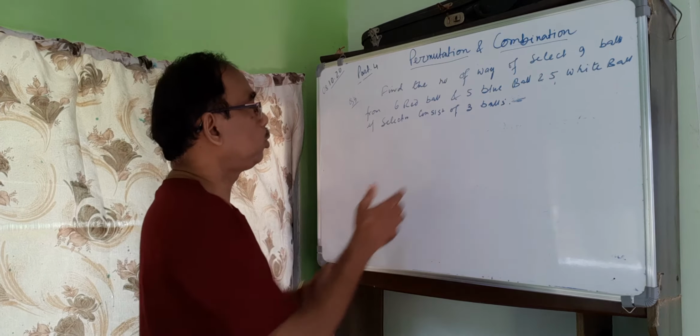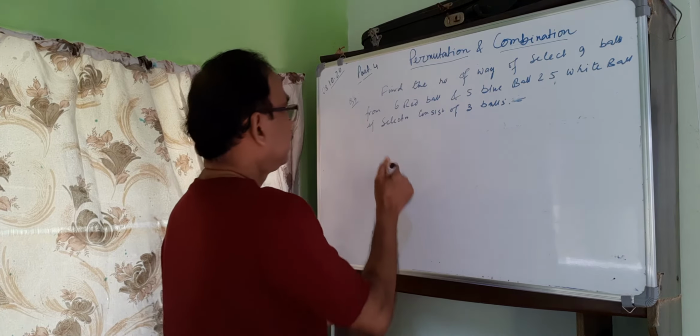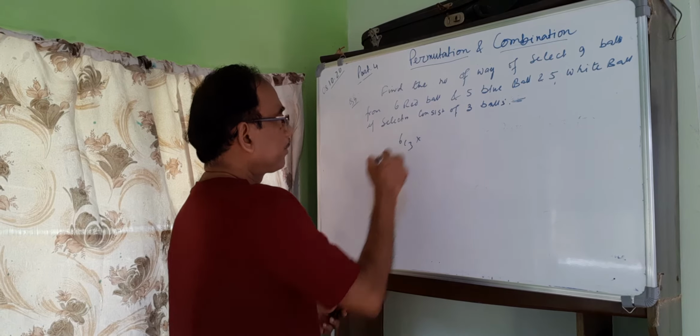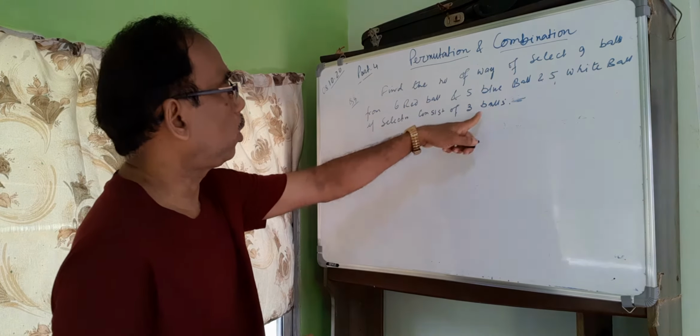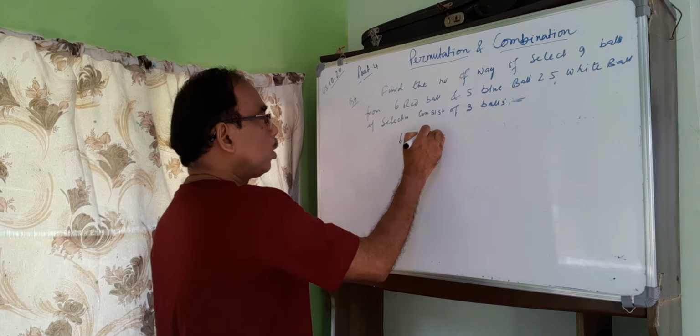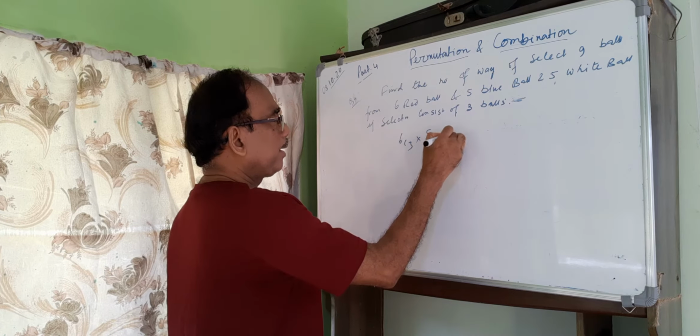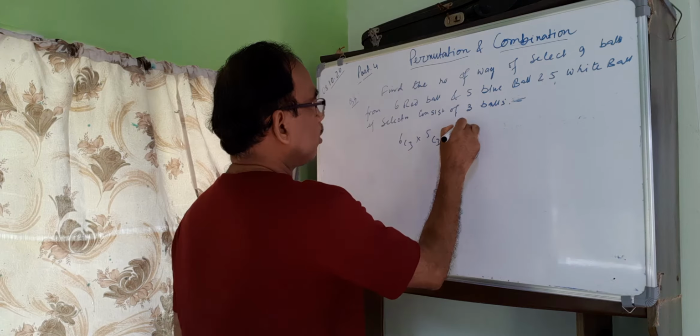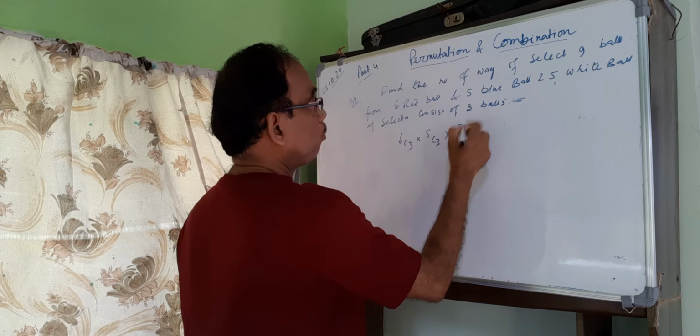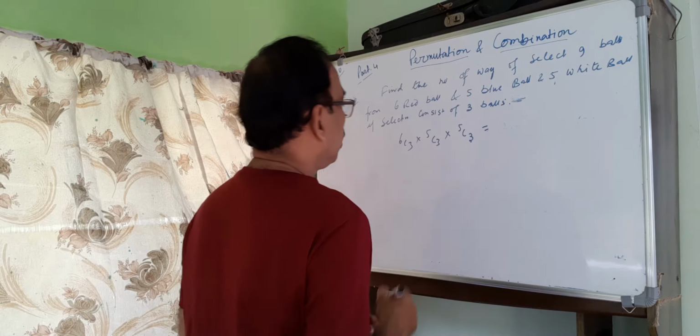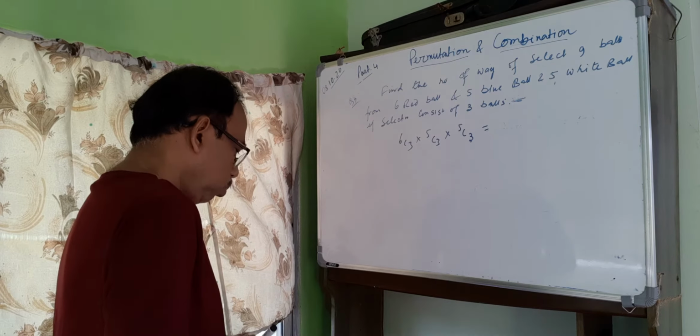From 6 balls you have to choose 3 red balls, that is 6C3 ways. From 5 blue balls you have to choose 3 blue balls, that is 5C3 ways, and from 5 white balls you have to choose 3 white balls, that is 5C3 ways.